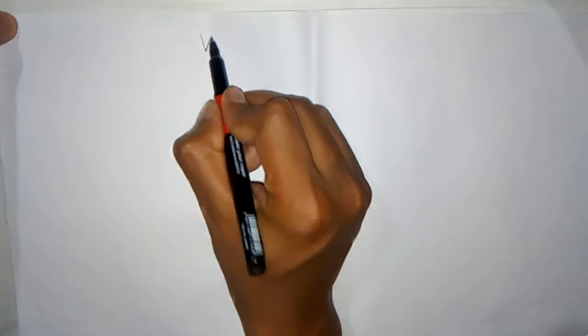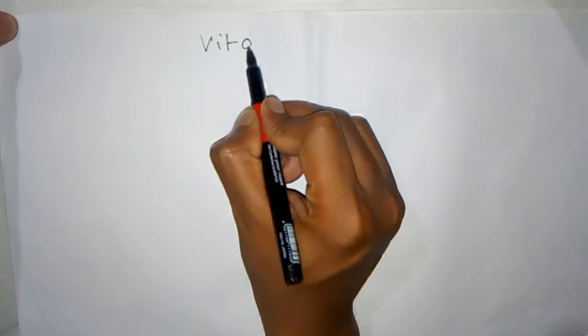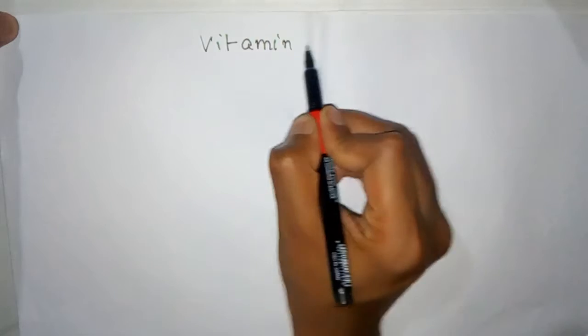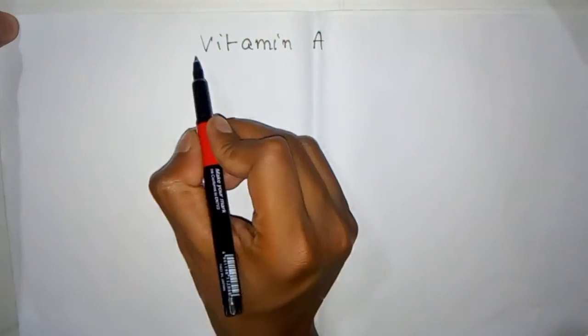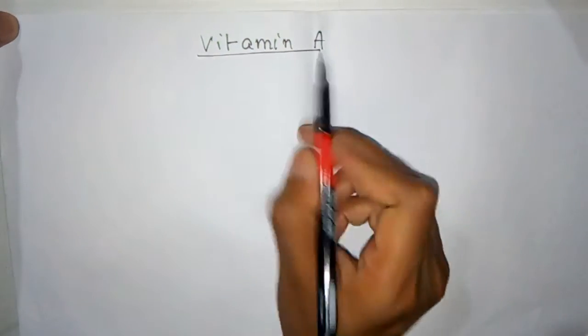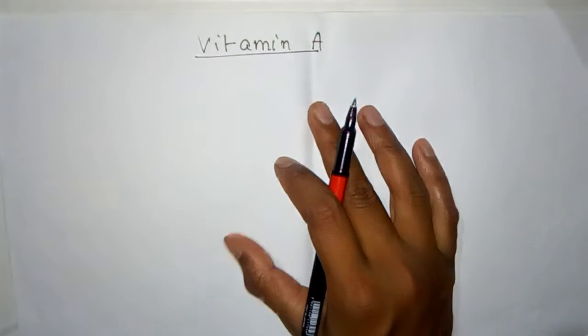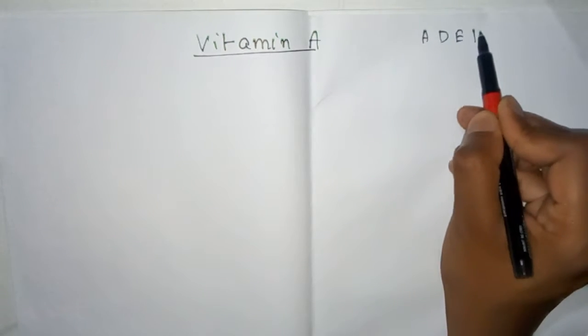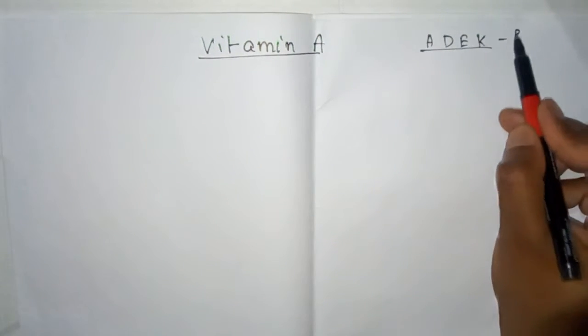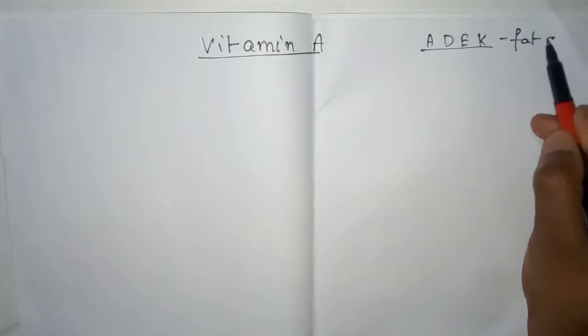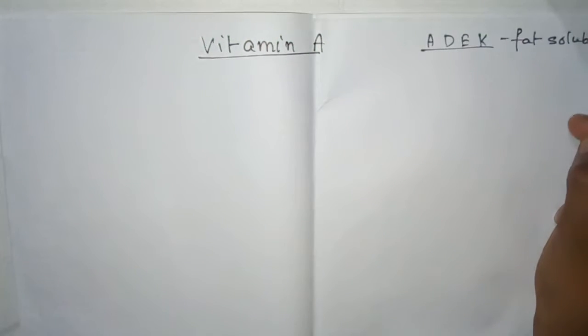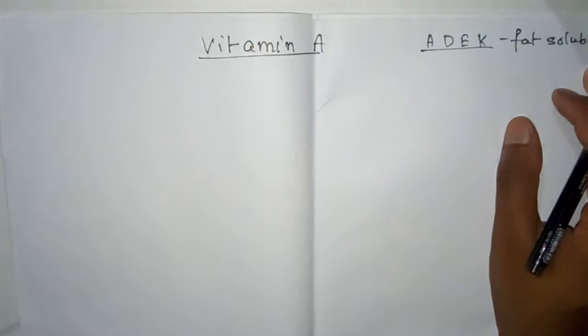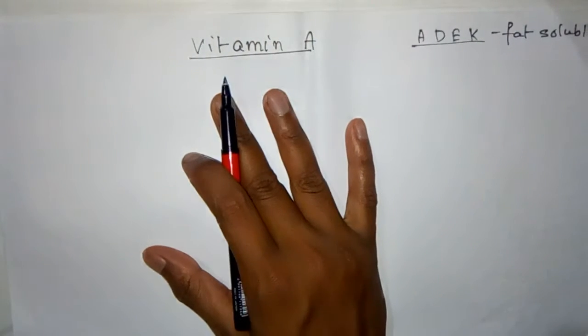So today in this video we will discuss vitamin A. Vitamin A is a fat soluble vitamin, like vitamins A, D, E and K. These are the fat soluble vitamins, and the others are water soluble vitamins.